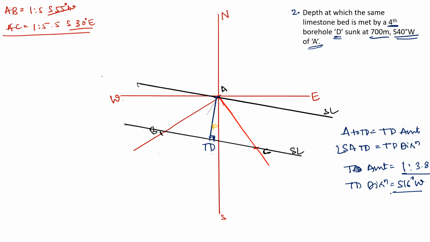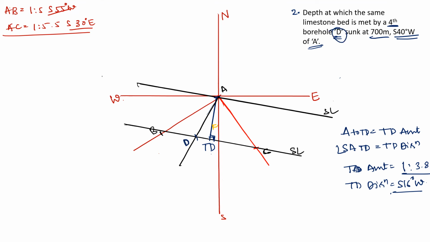We will plot south 40 west first, approximately. Once you plot it, name this intersection point as point D, the fourth borewell.